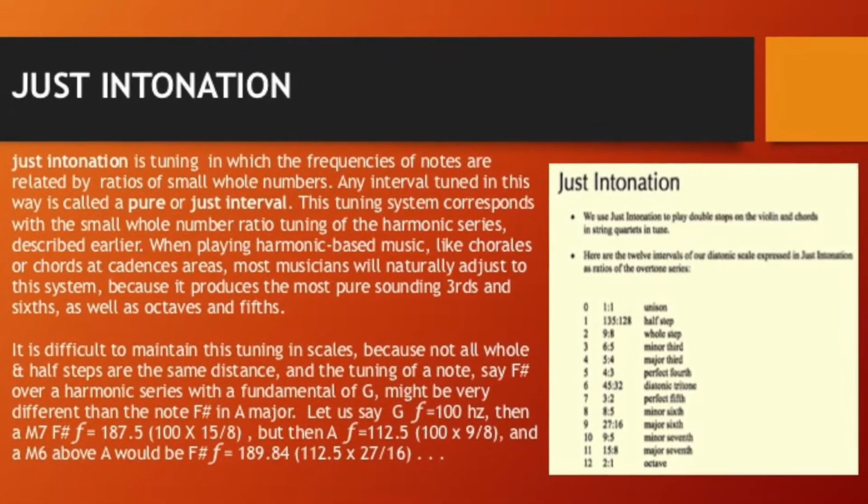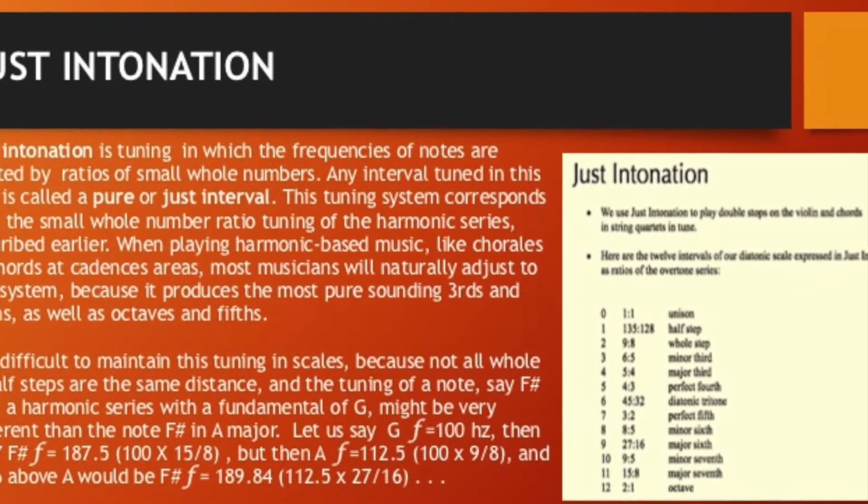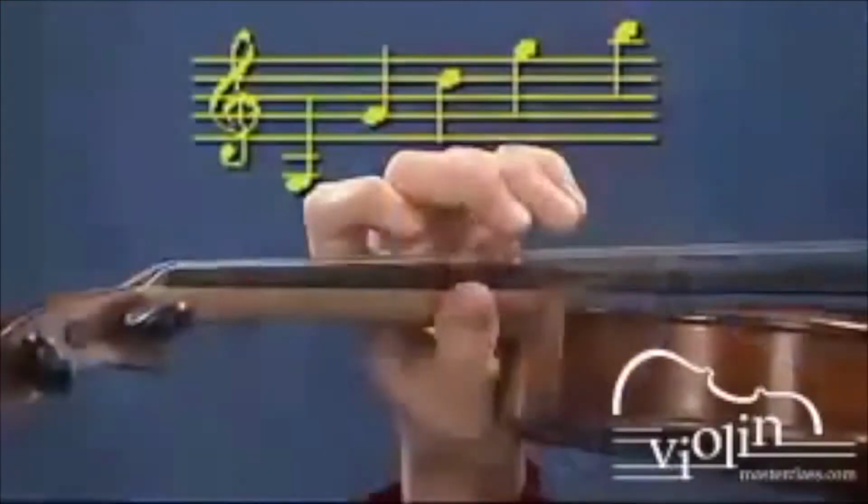Thirds and sixths as double stops belong in the domain of just or pure intonation. We use the just intonation system to play thirds and sixths in tune when they occur as double stops. They are derived from the overtone series beyond the pure fourth and the pure fifth, which just intonation shares with the Pythagorean system.